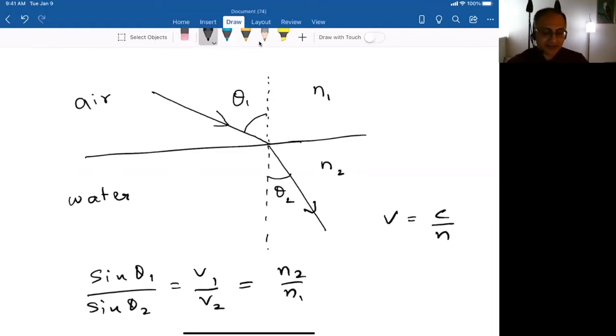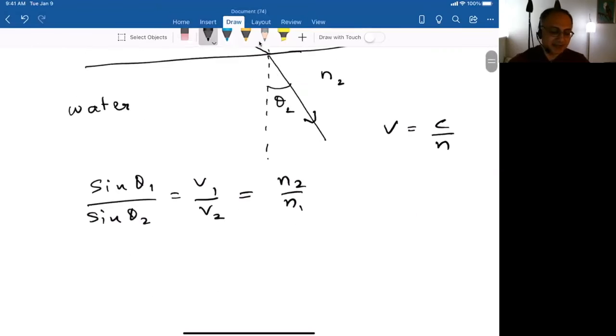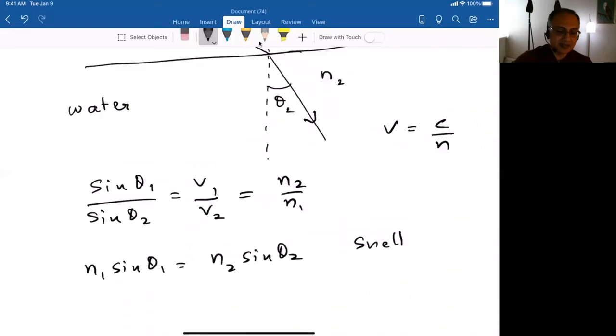So instead of using V's, Snell's law is conventionally expressed in terms of n's. And so Snell's law is written as n1 sine θ1 is equal to n2 sine θ2. So this is the way Snell's law is usually written, right? But this is also Snell's law. So they are both Snell's law.